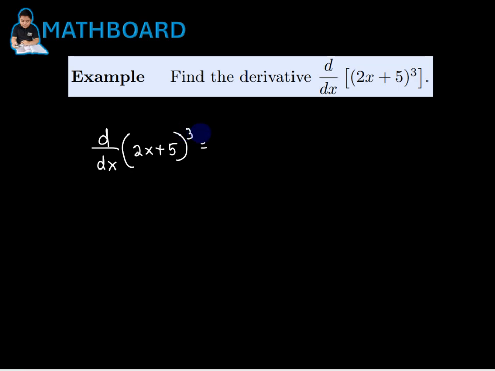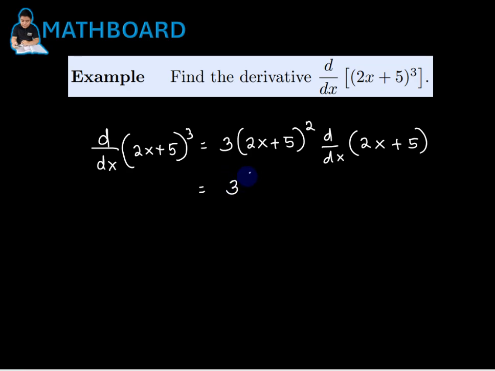Simply using the power rule, bring down 3, then times (2x plus 5), then subtract 1 from 3. 3 minus 1, that's 2. Then get the derivative of the inner function, which is 2x plus 5.